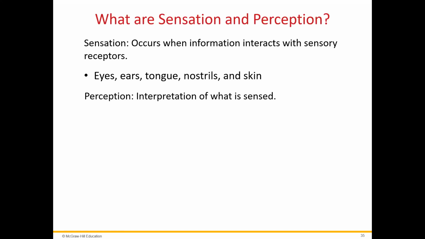So I look at a table, and light rays bounce off of it. They go into my brain. My eyes convert the light rays into neural impulses. They travel back to my visual cortex at the very back of my brain in the occipital lobe, and then I know I'm seeing a table.